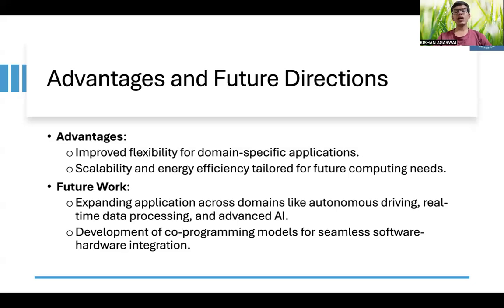These are implemented in real time, like auto driving, real-time data processing in healthcare, or in the banking sector for approval of a loan, or any application of a bank or healthcare or any other company which requires processing of multiple data or a large amount of data to produce an output. And advanced AI, like ChatGPT and other technologies which require processing of a large amount of data to output a result for a query posed by a user.